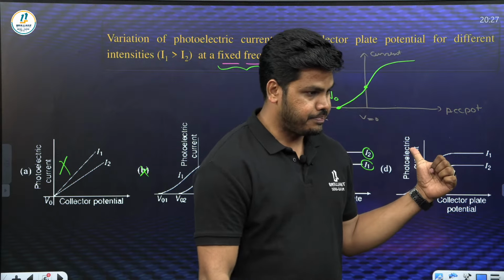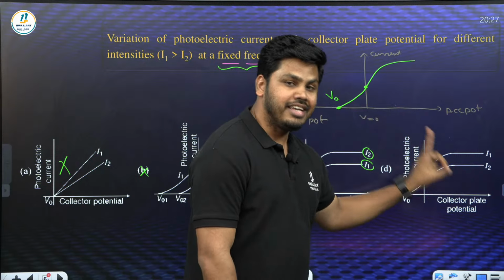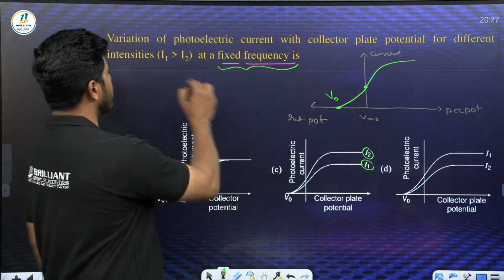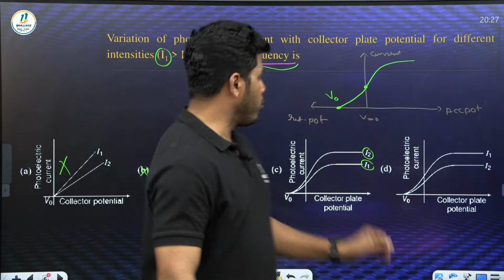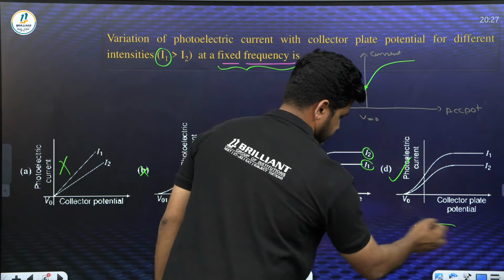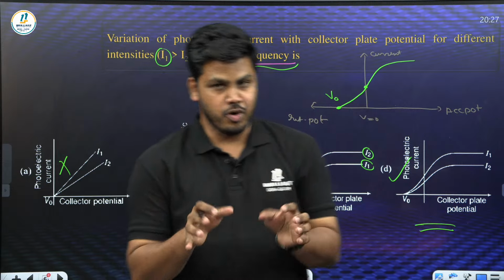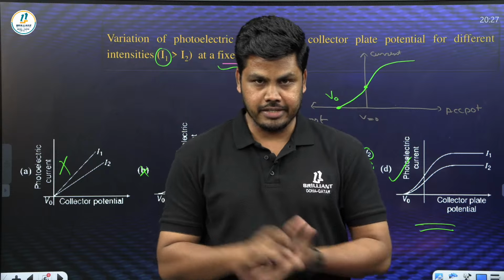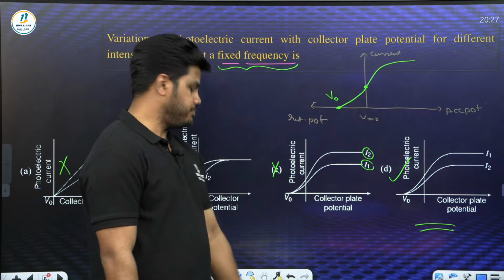So more current should be marked for greater intensity. Question says I1 is greater than I2, so more current should be allotted for I1, and option D is the correct answer. We ruled out all the wrong answers. It's not just about solving this particular question. We are trying to understand the concept behind it, right? Now, moving on to the next.